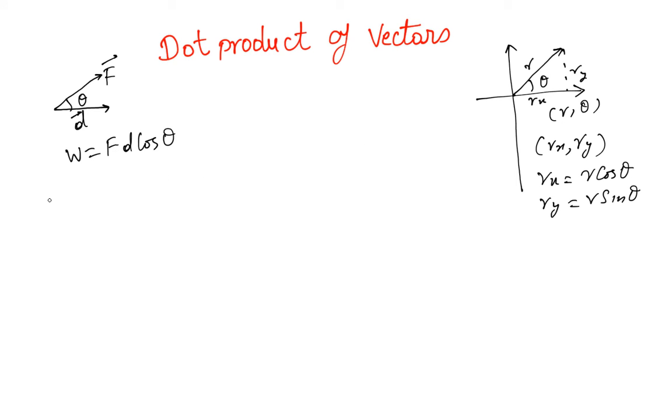Okay, well, this thing can be written in the Cartesian system as f dot d. Now it's a vector, not the magnitude. What does that mean?